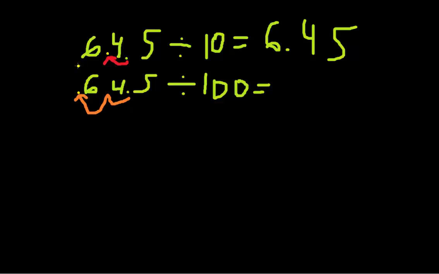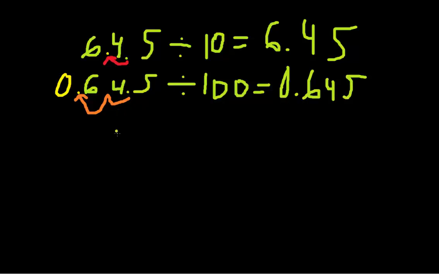So of course it's going to be 0.645. So of course with 1,000, this might be a little tricky for some people. Let me just write this down real quick before I get to 1,000.